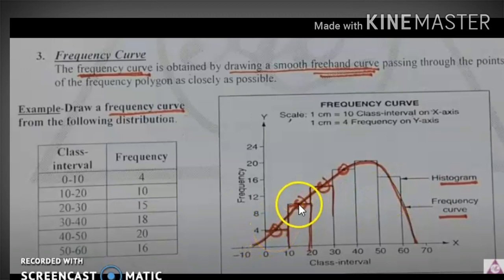First mark the midpoints here, and last at 65. After 60 you have to mark 65 as a midpoint. Then by joining the midpoints with your free hand, you can draw the curve. So that's frequency curve. So hope you understood the frequency curve.